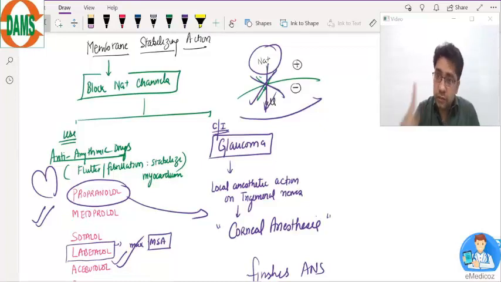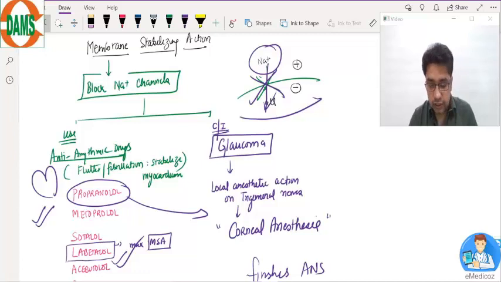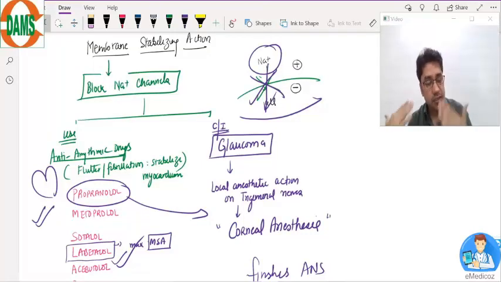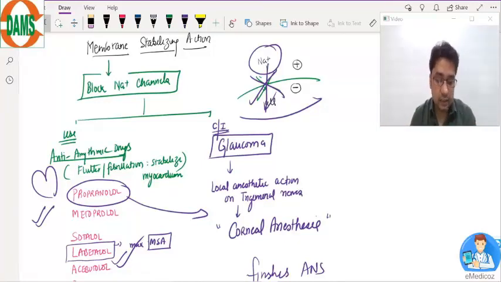Beta 2 agonists, despite increasing insulin release, still produce hyperglycemia because they cause glycogenolysis, glycogen breakdown, which is a bad thing in diabetes. If you think logically, there should be hypoglycemia, but still beta 2 agonists produce hyperglycemia. Okay.